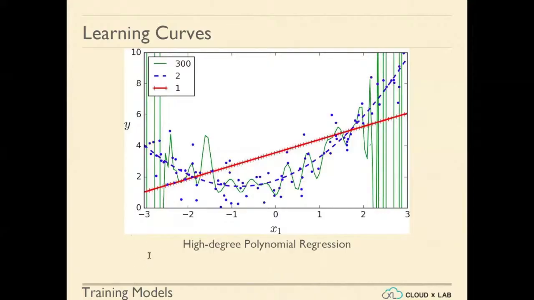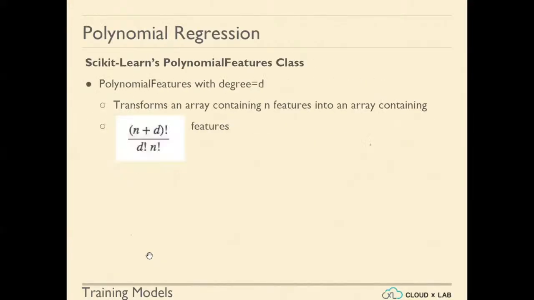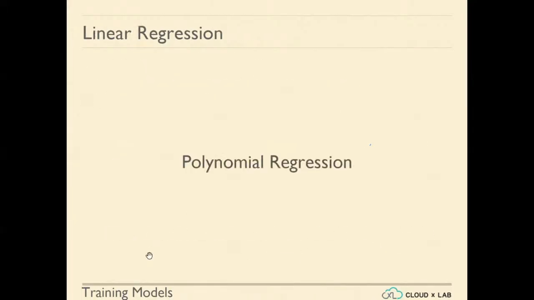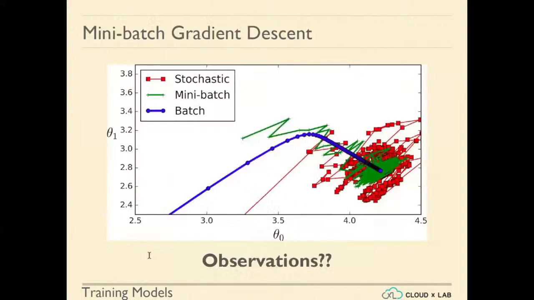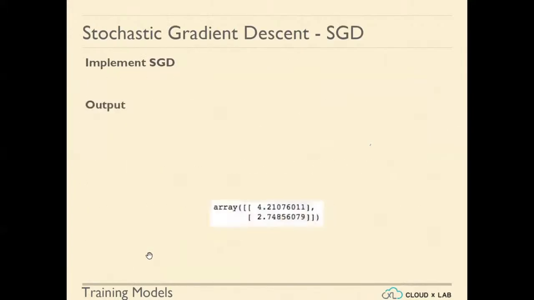Okay, let me take a linear example, because if we fit a degree 5 polynomial, there will be lots of terms, and it may confuse you. So let me take a linear example here.